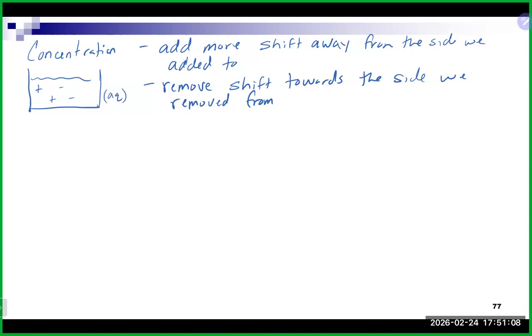So one of the ways that we can remove basically ions or concentration from solution is we could add something to the solution that perhaps will precipitate out some of these negative guys and make a solid.